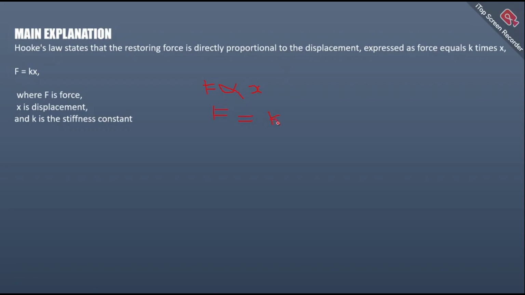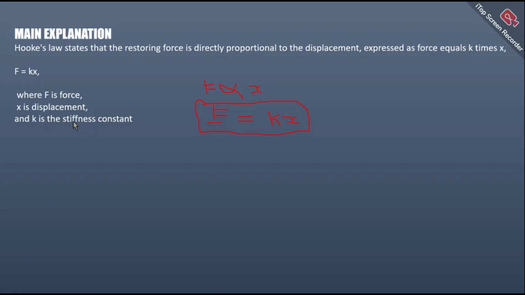It's not a ratio, it's a constant, which is called the stiffness constant. Now, this is the formula which explains Hooke's law, where F is the force, X is the displacement, or you can just say the extension, and K is the stiffness constant. Very simple.